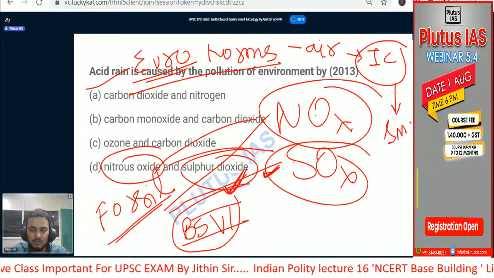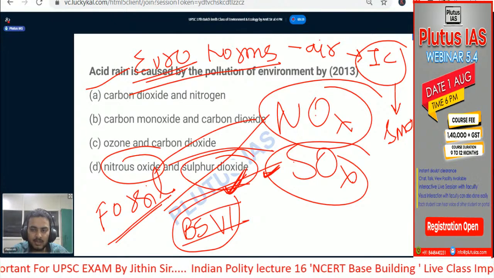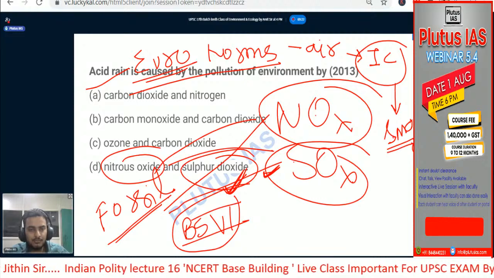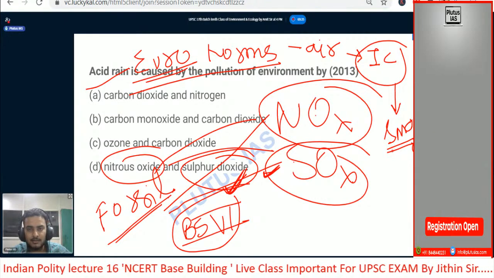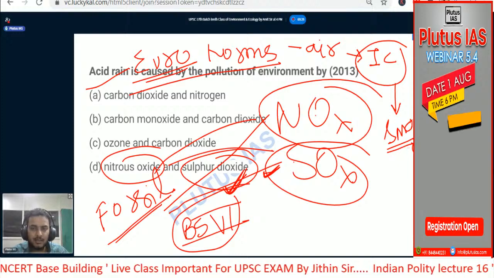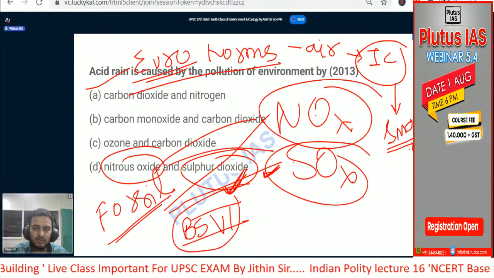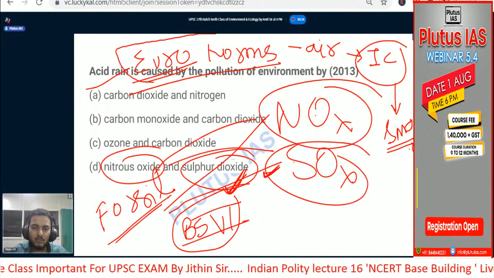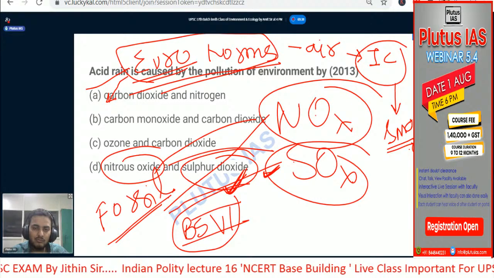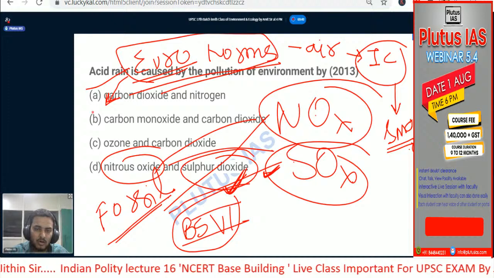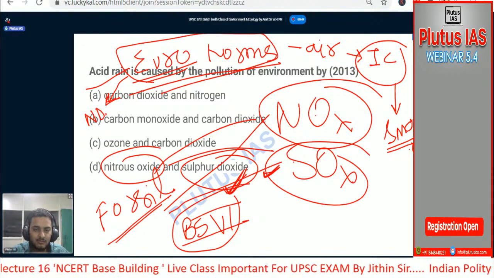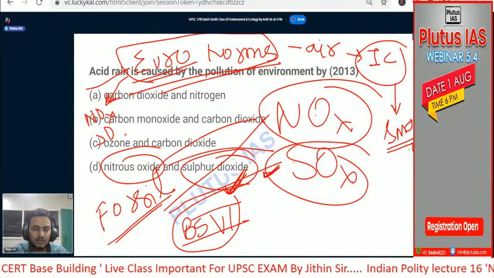So when the European countries decided to move towards a better environment and reduce air pollution, the European Union came up with these Euro norms, and in this they significantly reduced the amount of various gases emitted, like nitrogen oxides and sulfur oxides.